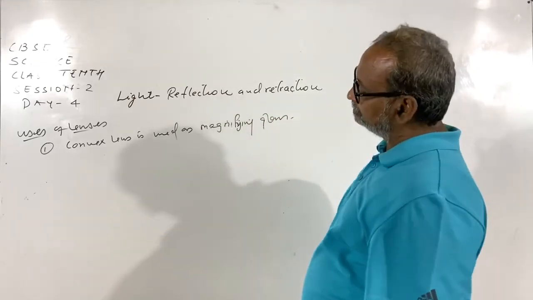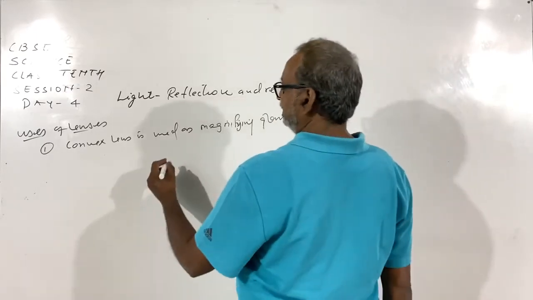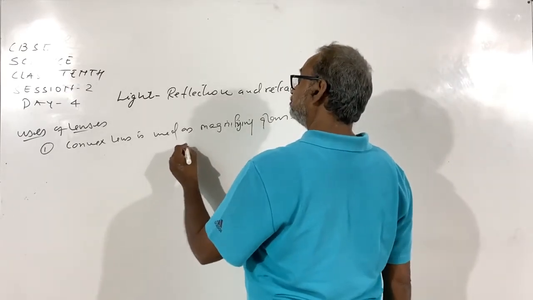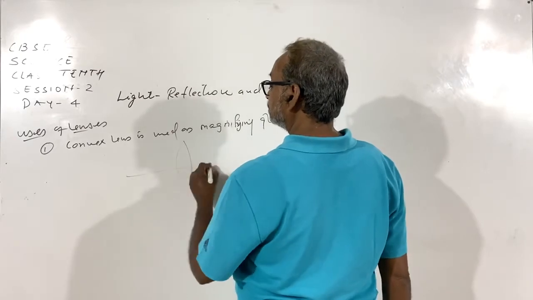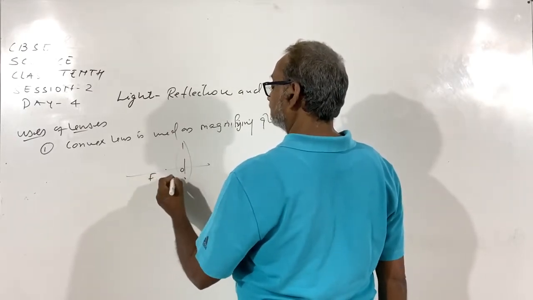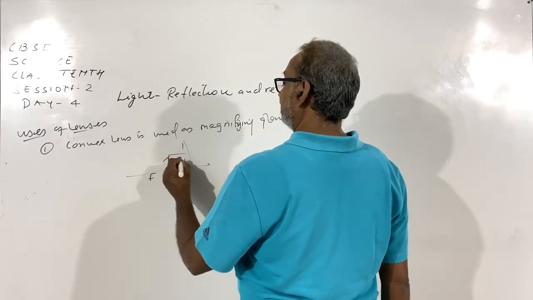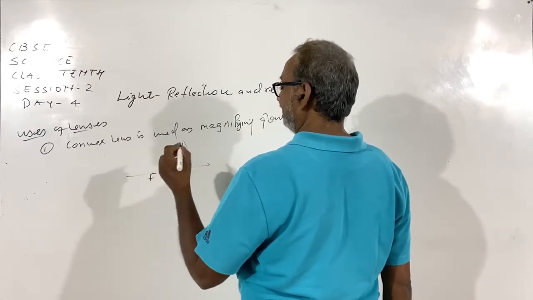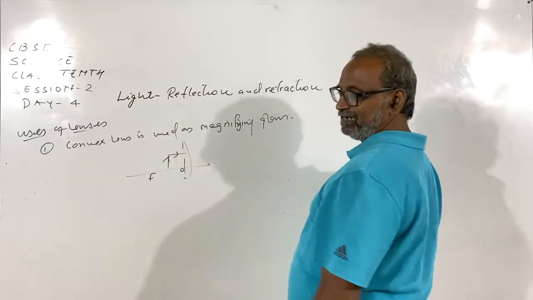The principle is that when the object is between the optical center and principal focus, the convex lens forms a virtual, erect and highly magnified image.